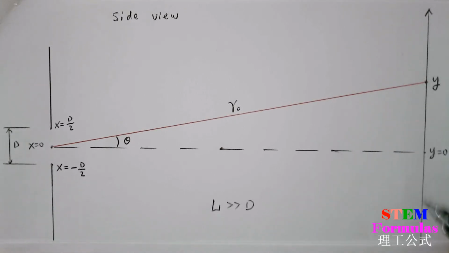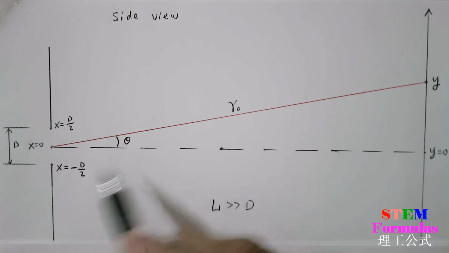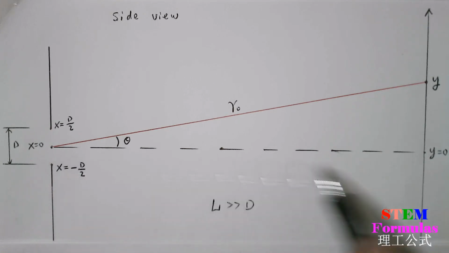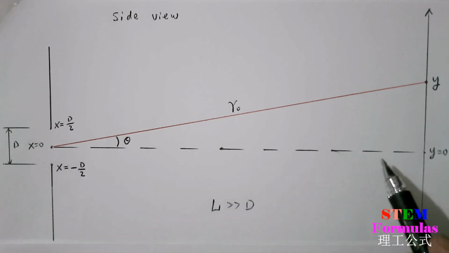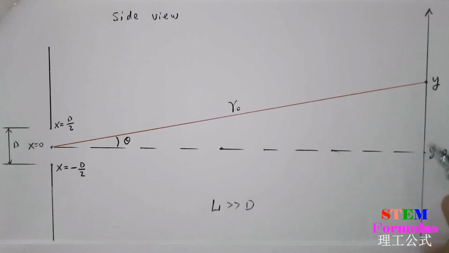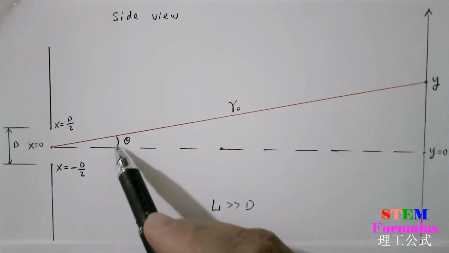We set up a coordinate along this screen. At theta equals 0, this dashed line is the optical axis. We locate this point at y equal to 0. At any arbitrary point, it's y, and this angle is theta.